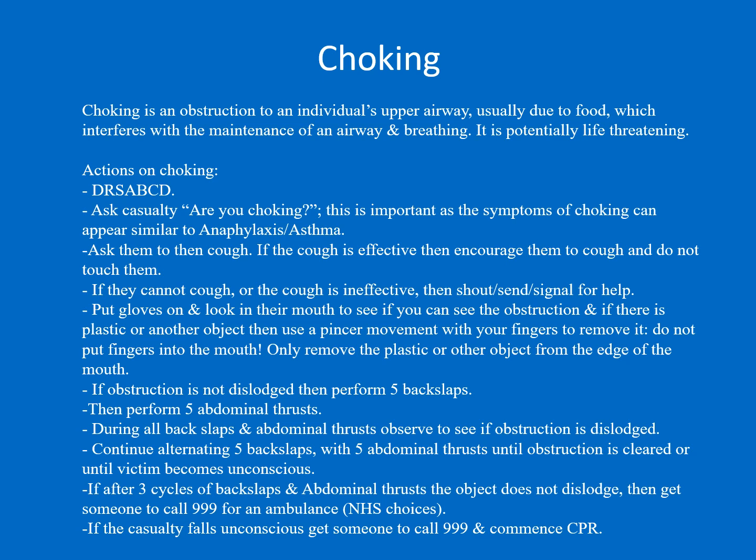You do 5 back slaps, you do 5 abdominal thrusts, and you keep going till the obstruction comes out or the victim becomes unconscious. So one cycle of back slaps and abdominal thrusts will be 5 back slaps and 5 abdominal thrusts. Now, after 3 cycles, if the obstruction has not come out, you can call 999 at that point.